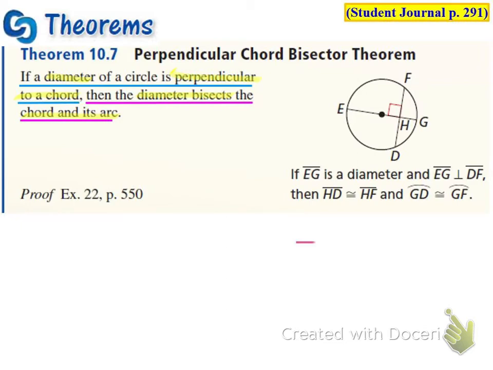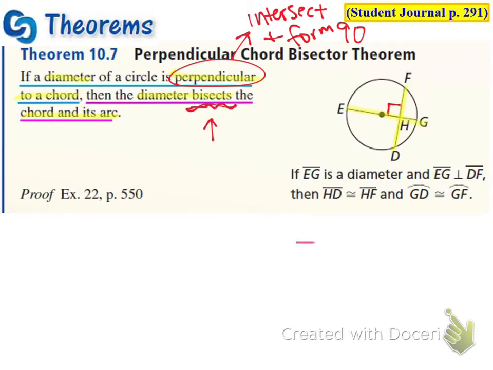What does perpendicular mean to me? Intersect and form 90. How do I know that in this picture, that my diameter intersected and formed 90? Yeah, there's a right angle. Here's my diameter. Here's my chord. They intersect, form 90.